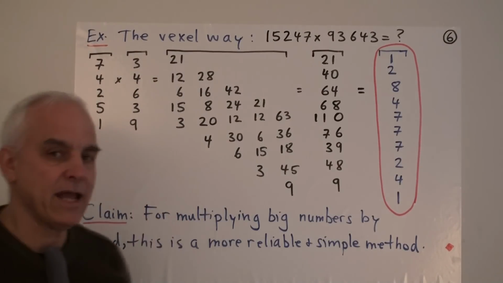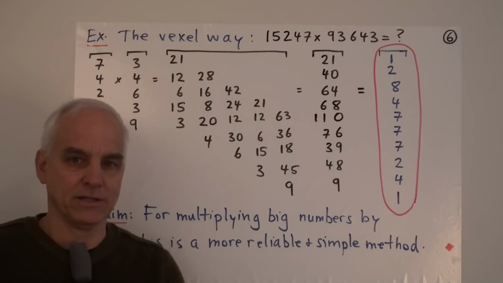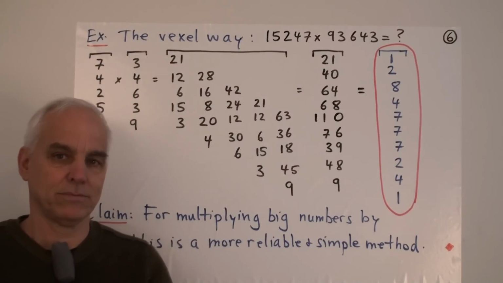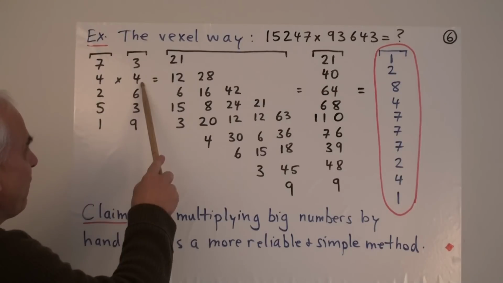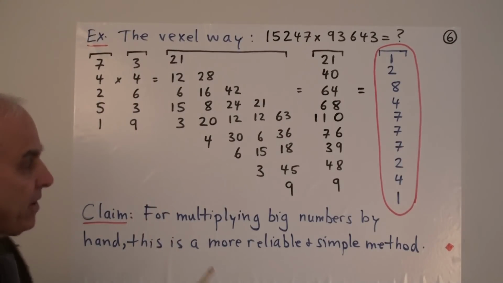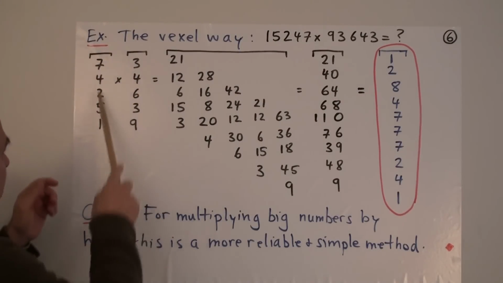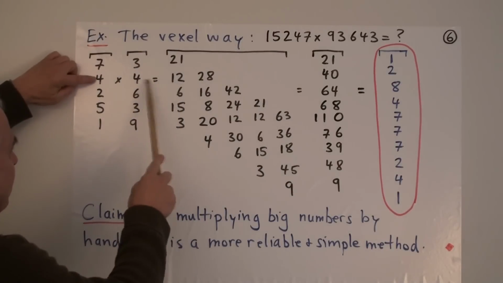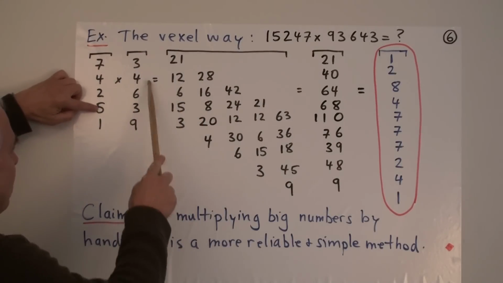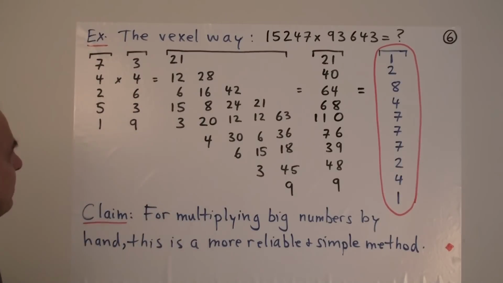Notice we're just writing down the various products that are obtained and not doing any kind of adjustment. We're just writing them down. Then when we move to the next digit here, the 4, we're going to do exactly the same. Just multiply this 4 with all of these, record all the possible products. 28, 16, 8, 20, and 4.